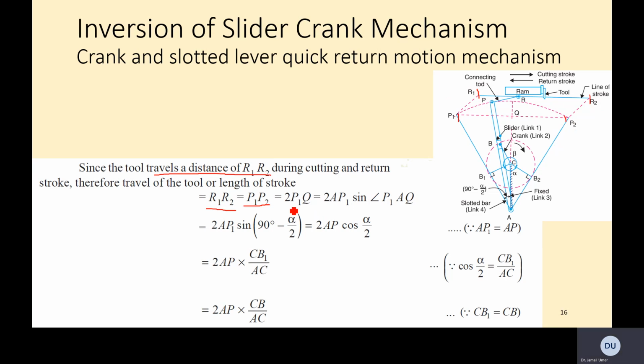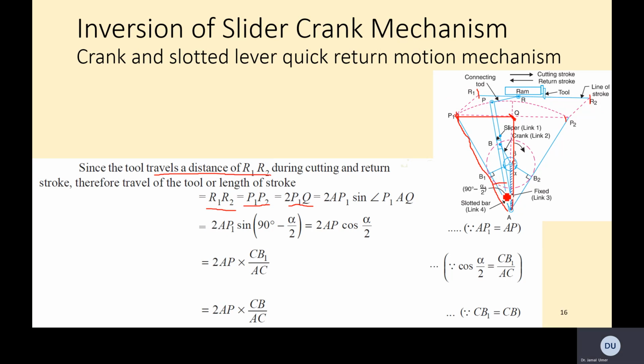Which is also equal to 2 times P1Q. So what is P1Q? P1Q from here to here. So this is 2 times PQ. And now if you look at it in a triangular method, if you just consider this triangle, so this angle is basically 90 minus alpha.